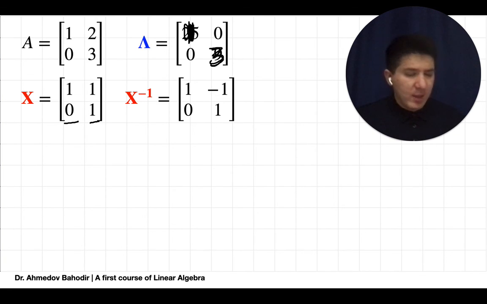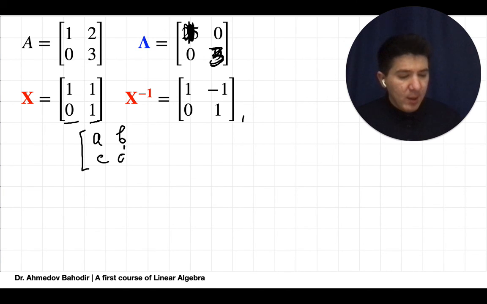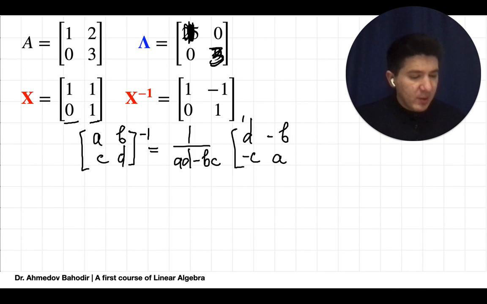It is very easily found using the formula. If you remember, if you are given the matrix a, b, c, d, its inverse is going to be 1 divided by ad minus bc, times d, -b, -c, a.